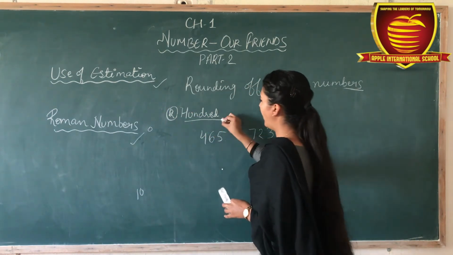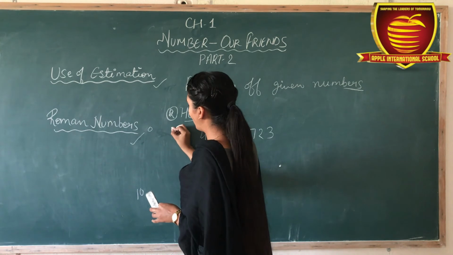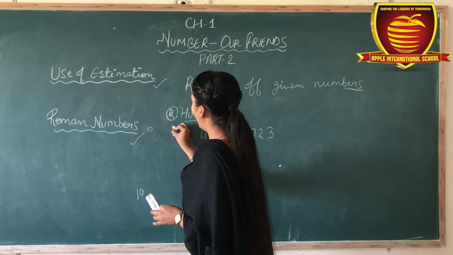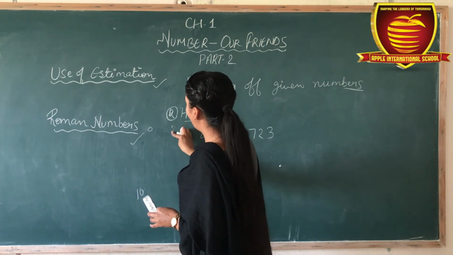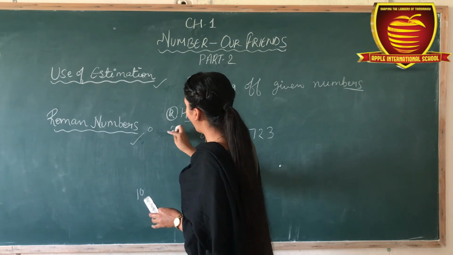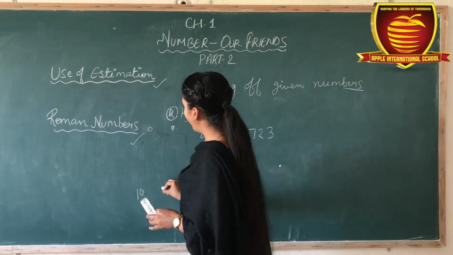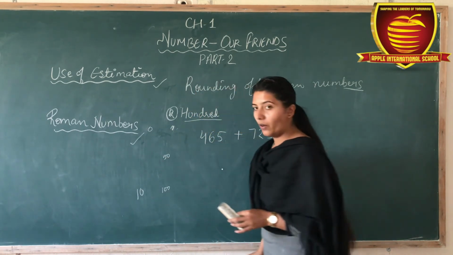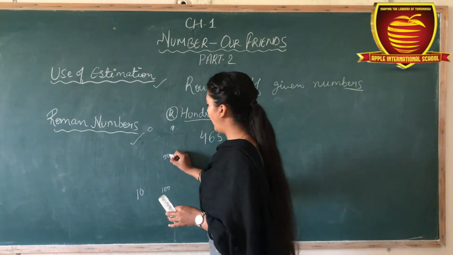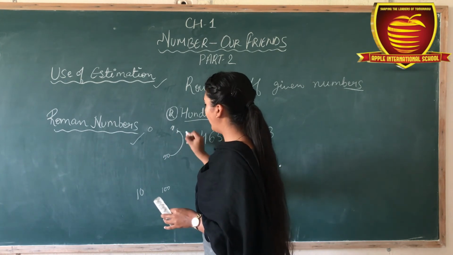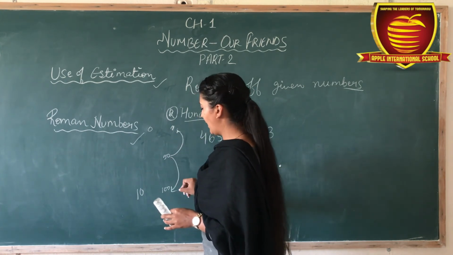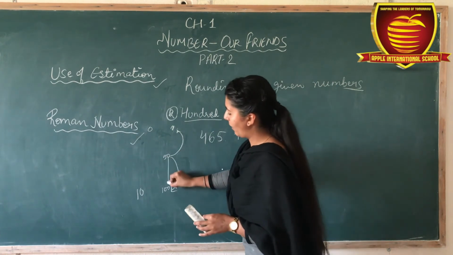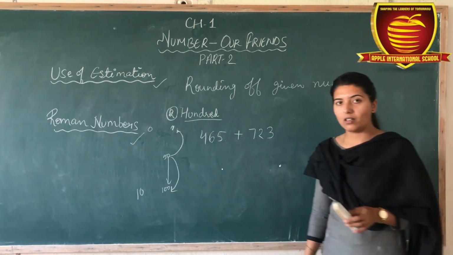In the hundreds place we take the estimation of 1 to 100, and the middle one is 50. If it is less than 50, then we go down. If it is greater than 50, then we take the approximate value 100.